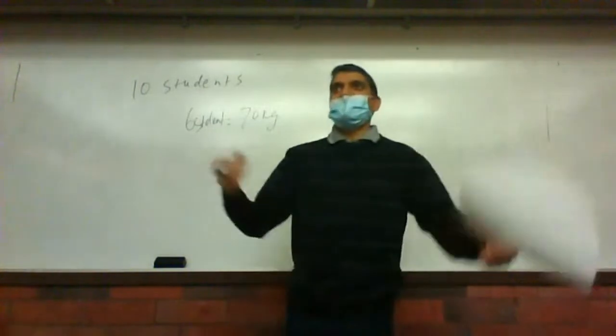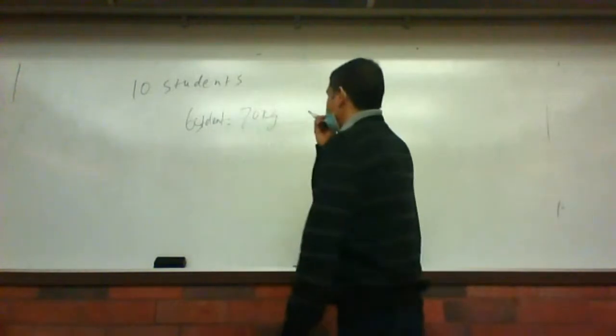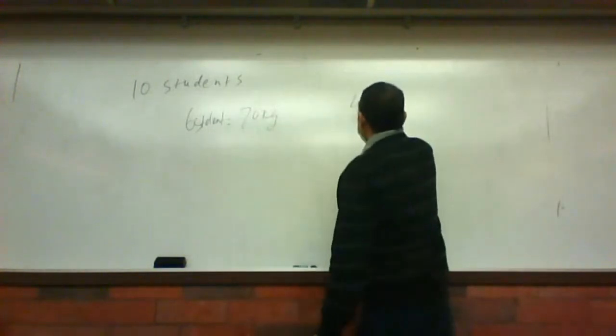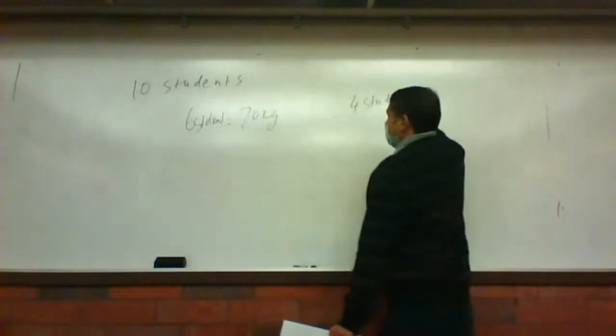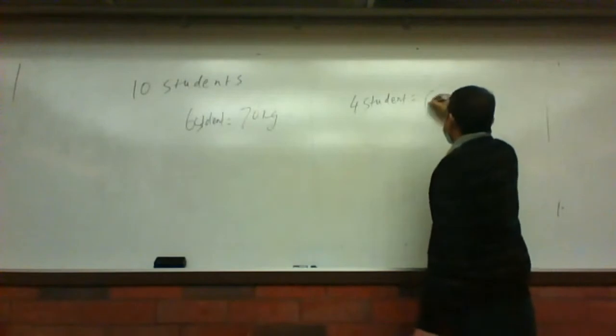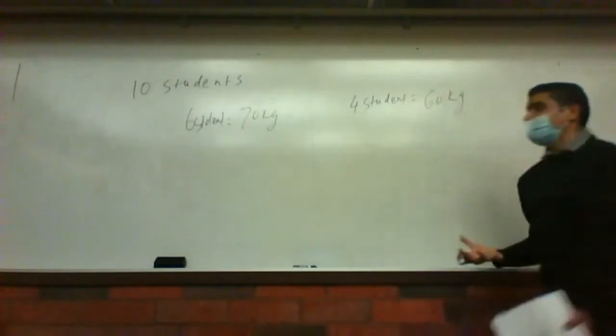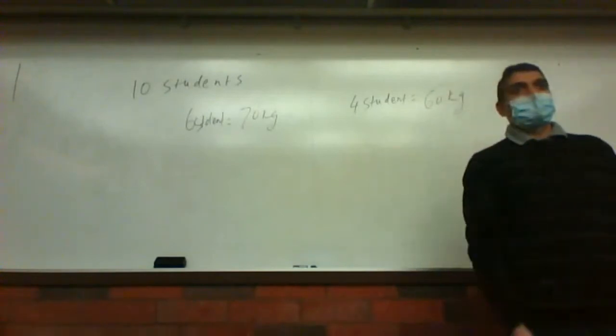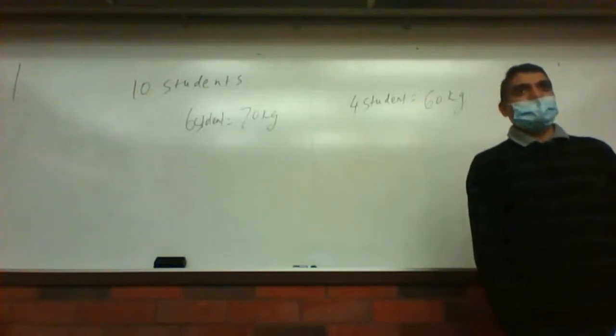Approximately our mass is 70, 60, right? And another 4 students have, let's say, 60 kg mass. So what is the average mass of all the students? That's called the atomic weight.